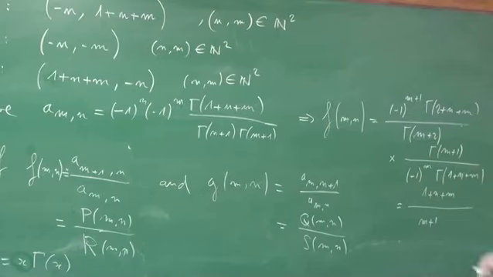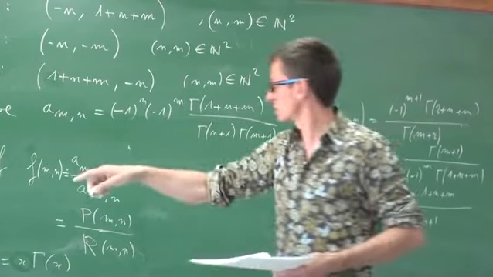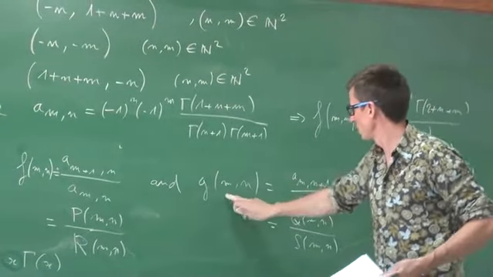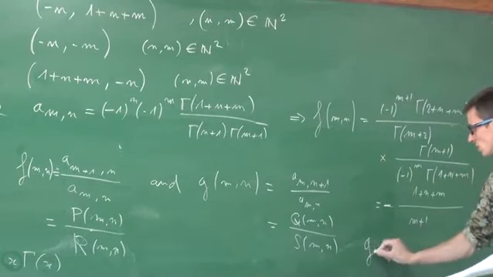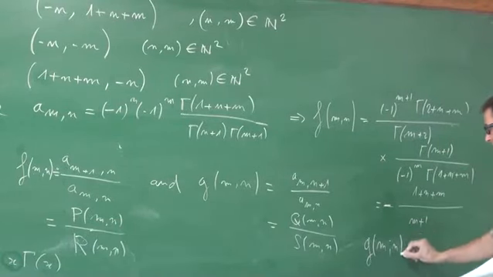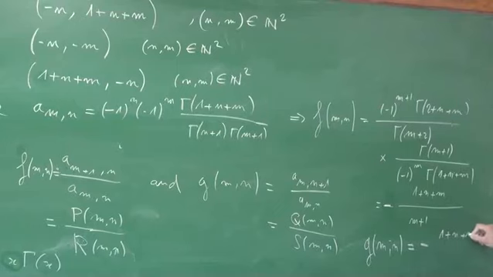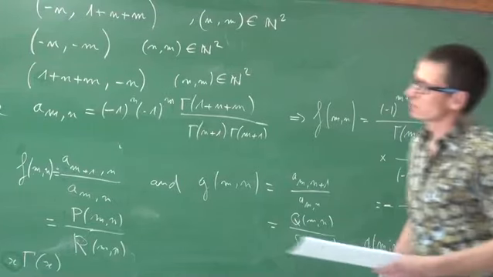With the minus sign. By symmetry of our series, we get directly the value of j m n, which is equal to minus 1 plus m plus n divided by n plus 1. Okay? So it's trivial to get these limits.